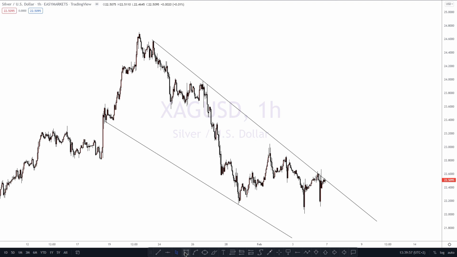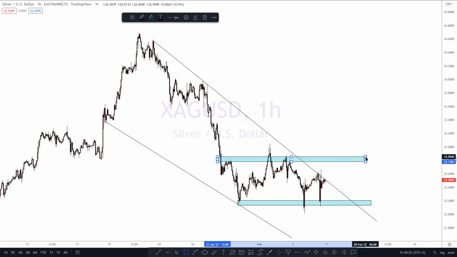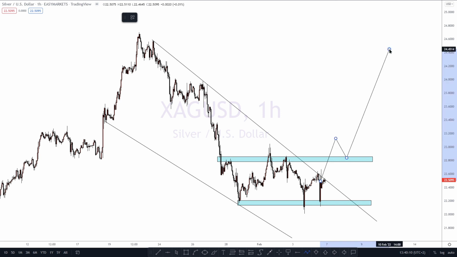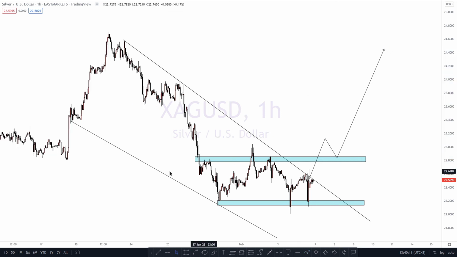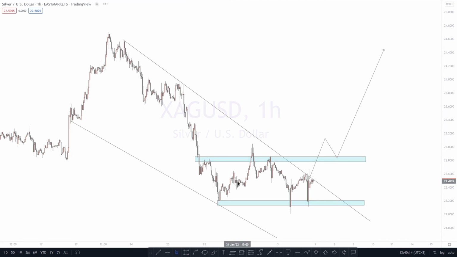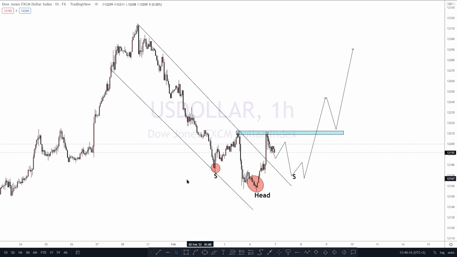We had price just failing to break below this. Now we're just anticipating to see, or want to see, price breaking above these highs, and then anticipating to go to the upside.